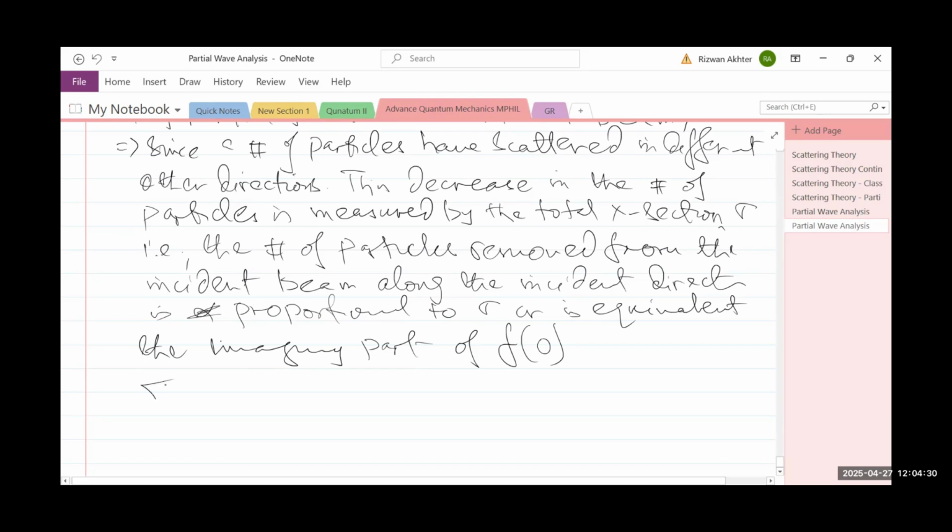So the scattering amplitude can be written as, how?